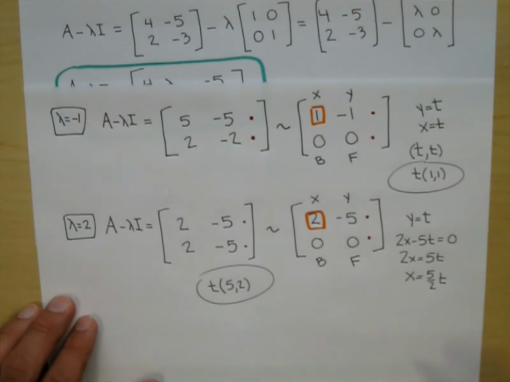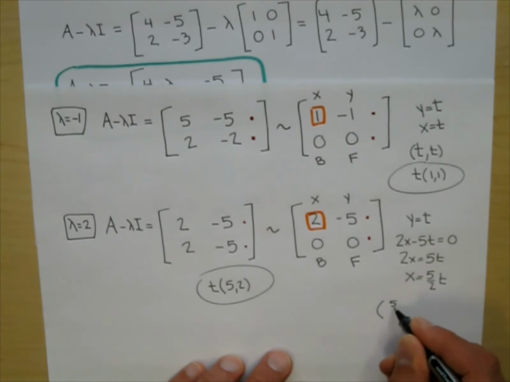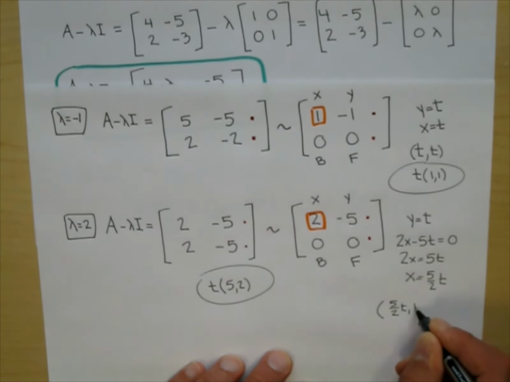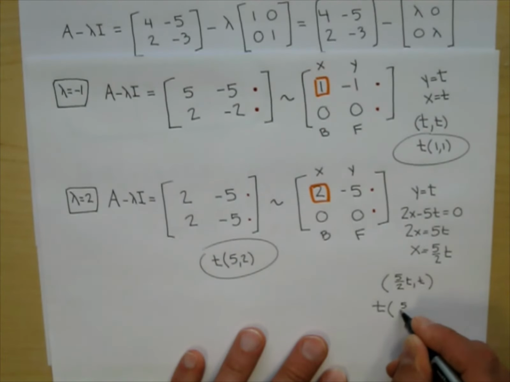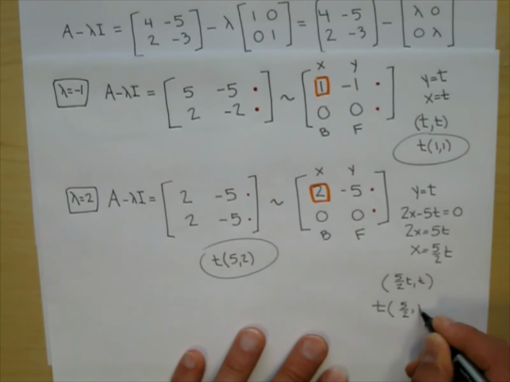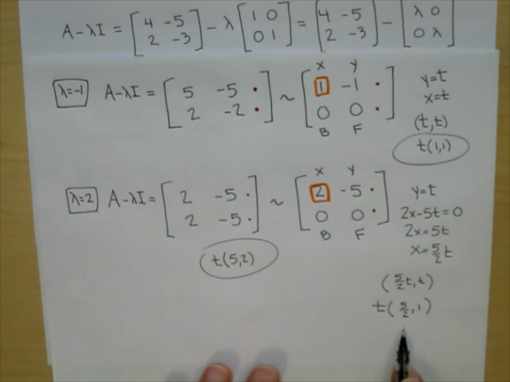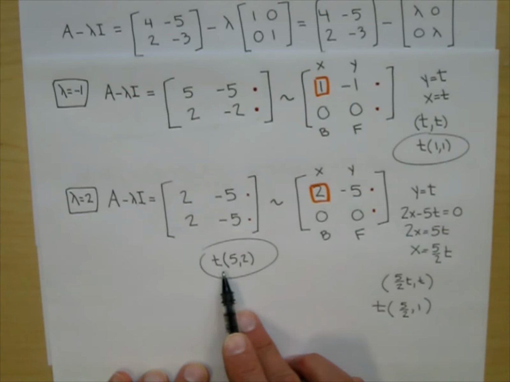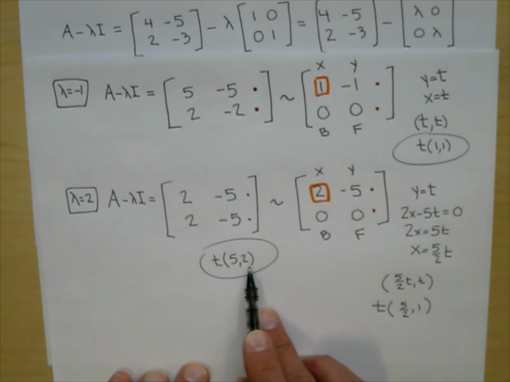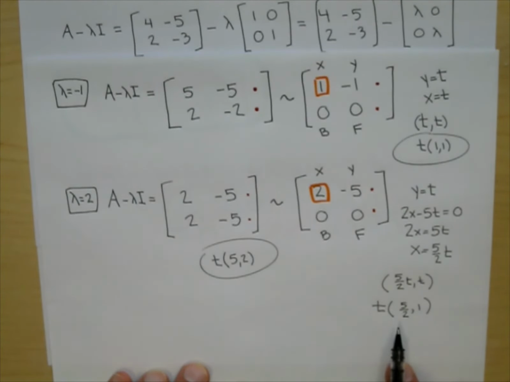So then this gives me 5/2 t, comma t, or t times 5/2, comma 1, which is acceptable. But if I factored out a 1/2 here, it's the same as multiplying through by 2. You'd end up getting t times 5, 2. So both are acceptable answers.